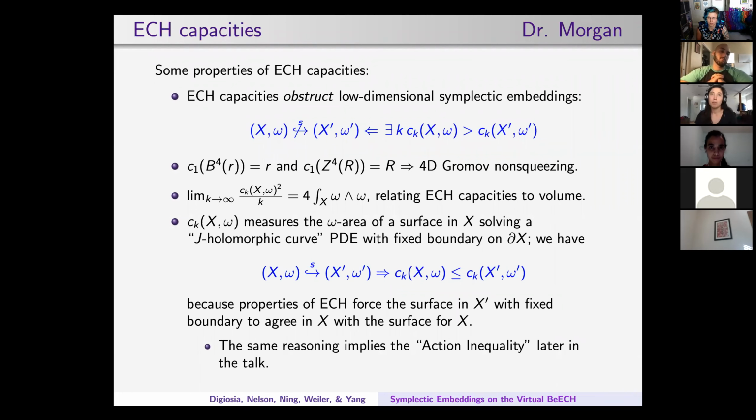It turns out that certain properties of ECH make the solution in the larger manifold agree with the solution in the smaller manifold when it passes into the smaller manifold. So that's why the area of the surface in the larger manifold has to be at least as large as that in the smaller manifold. And this same idea implies the action inequality, which is something you'll hear about from Yirong later.